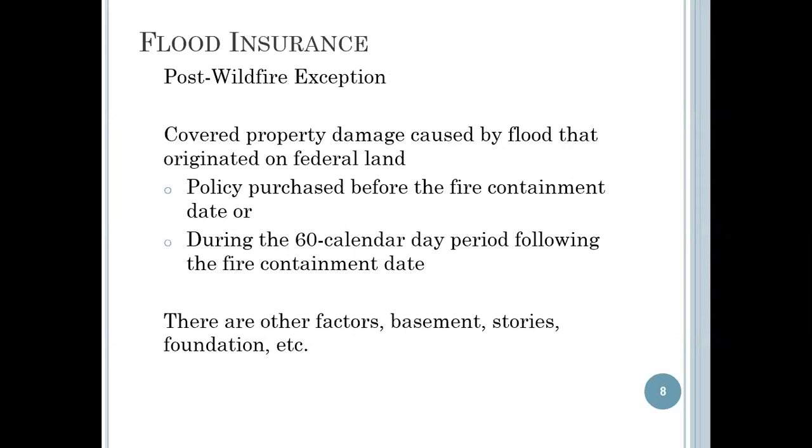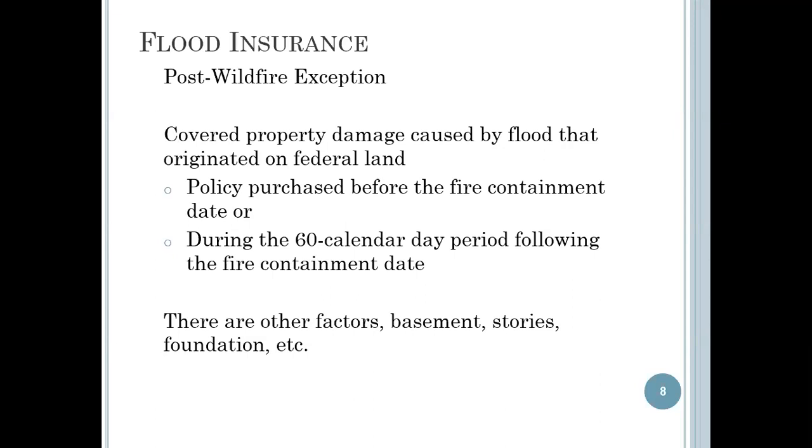So right now we have fires that are ongoing. We have fires that are close to containment dates. We are monitoring that, FEMA is, but what we need in order to invoke the wildfire exception is water damage, or a flood that has been exacerbated by the wildfire involving federal land. So we are monitoring that.